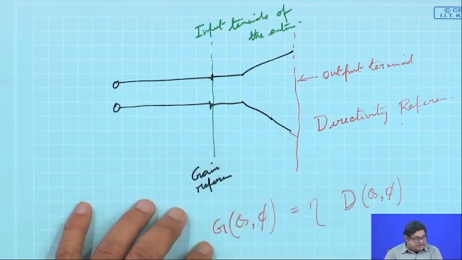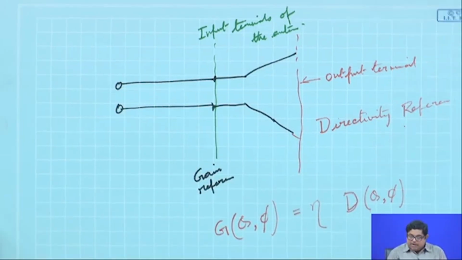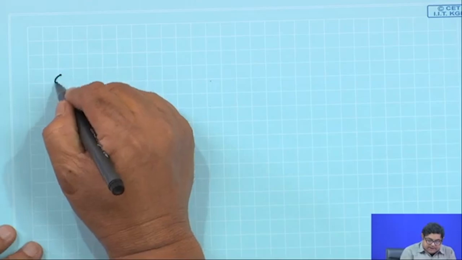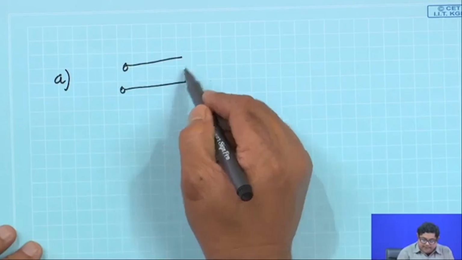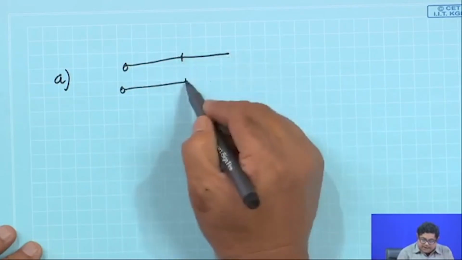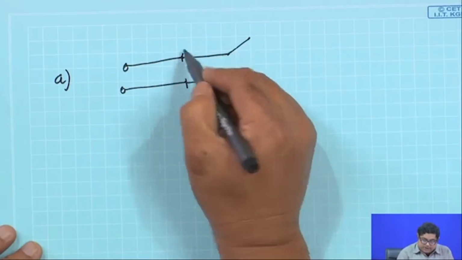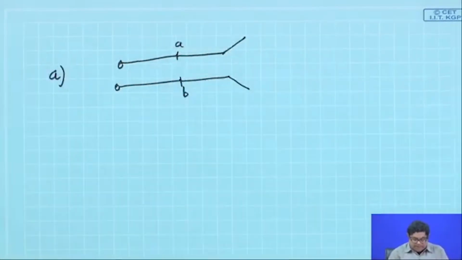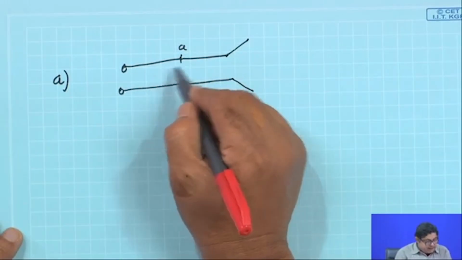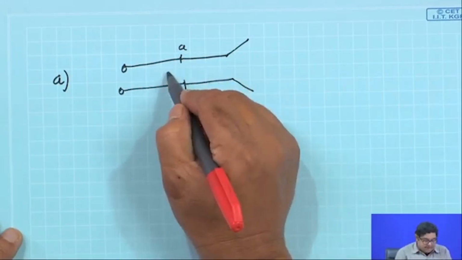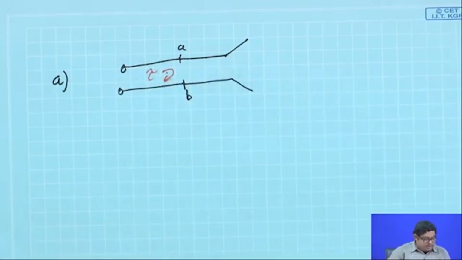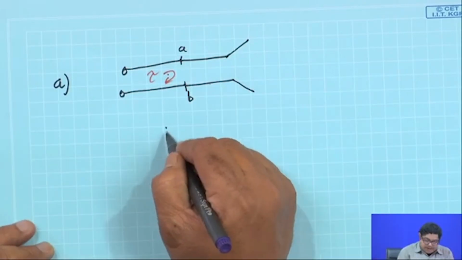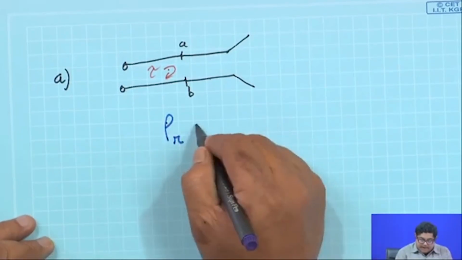Now, there are several efficiencies that come into play. One by one we will see them. The first efficiency that can come is, as I said, that there is a transmission line and then the antenna gets started. This is the input terminal of the antenna. Here, if there is an impedance mismatch, then there will be some reflection. Due to this reflection from mismatch, there will be an efficiency.